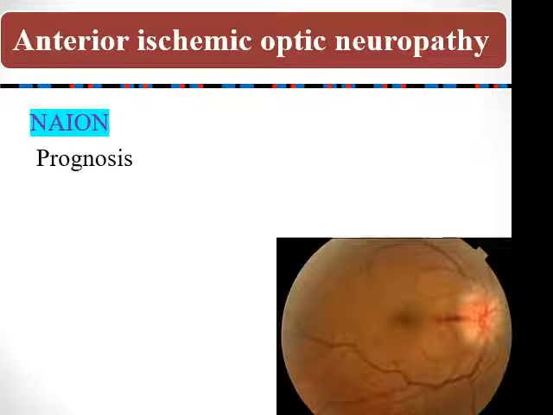The prognosis of non-arthritic anterior ischemic optic neuropathy is much better than the arthritic one. About 50% of the patients will regain their visual acuity. However, recurrence and affection of the other eye may occur in some patients.